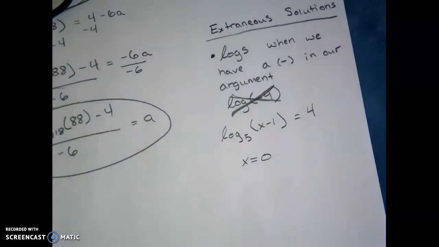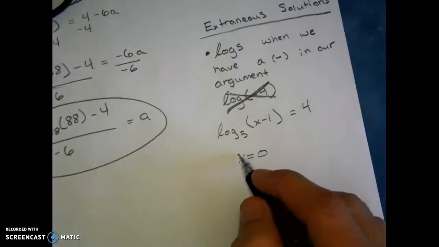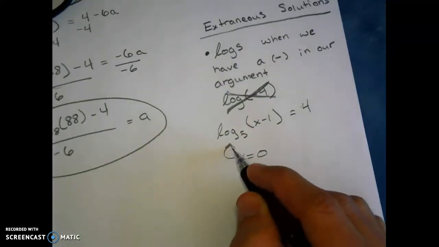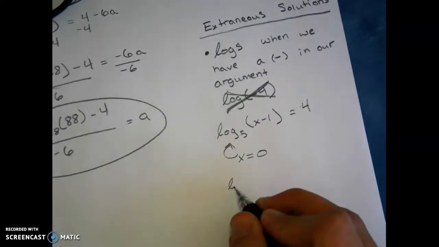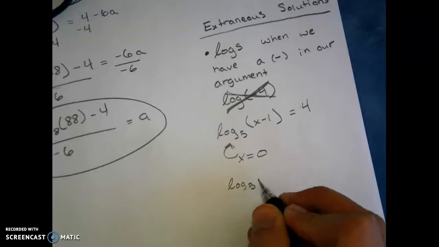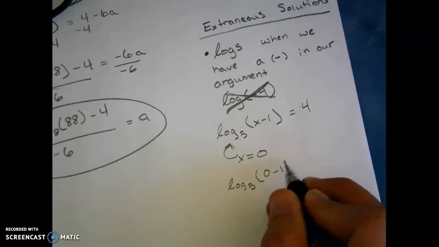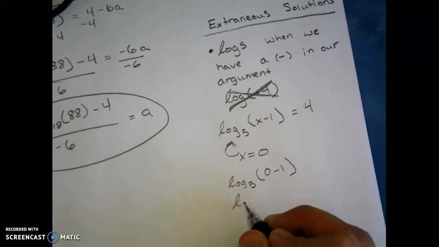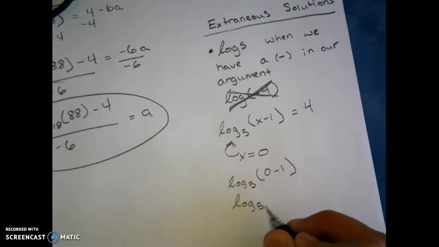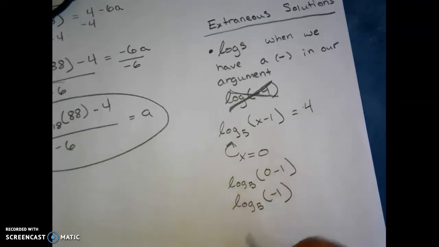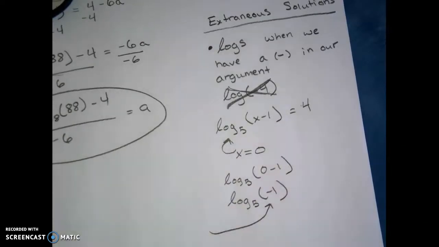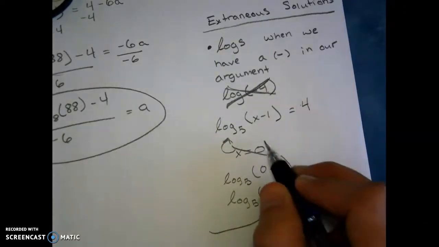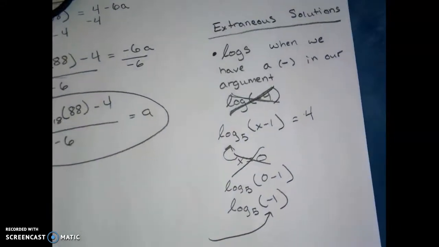Okay, so say we got x is equal to 0. Well, if I go back and plug 0 in for x, I get log of 5 is 0 minus 1, which gives me log of 5 negative 1. Yikes, I can't have a negative in my argument. That means this x is equal to 0 is an extraneous solution.